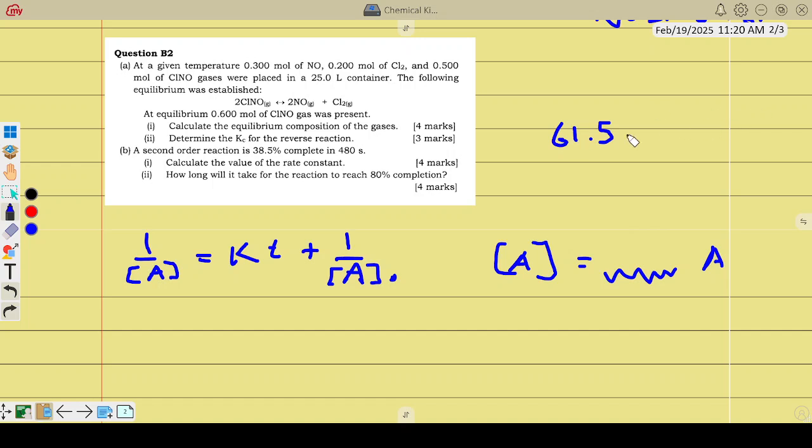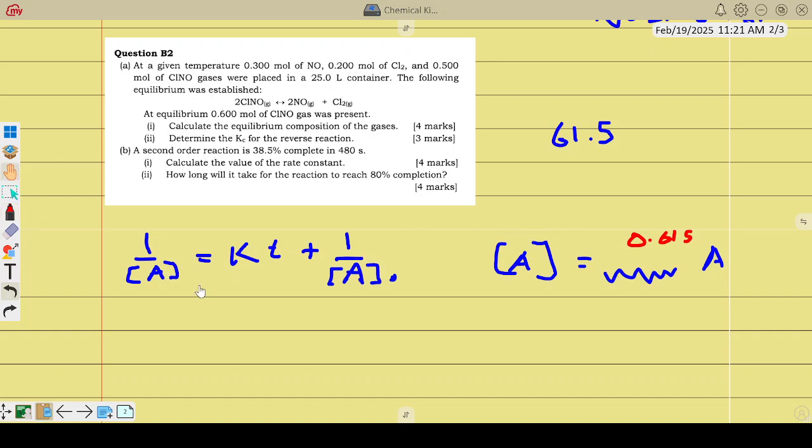So what is this divided by 100? We're going to have 0.615. So what is the final concentration? We'll put this.